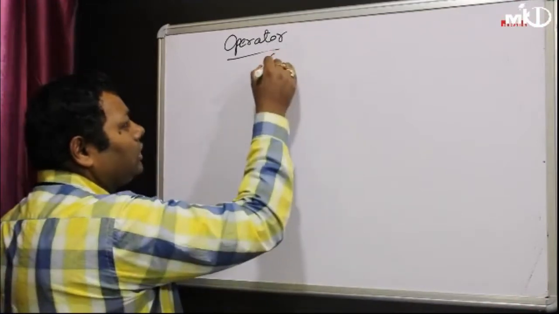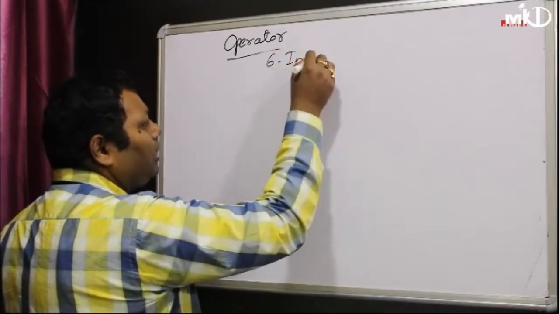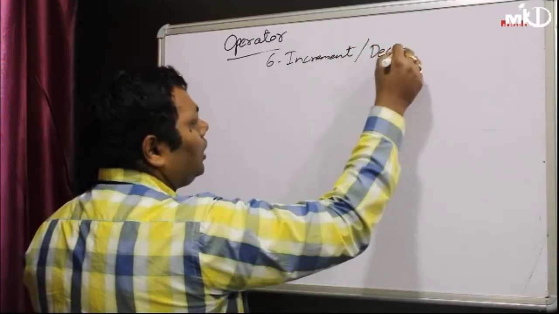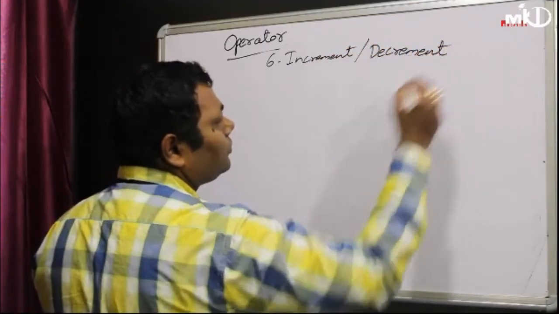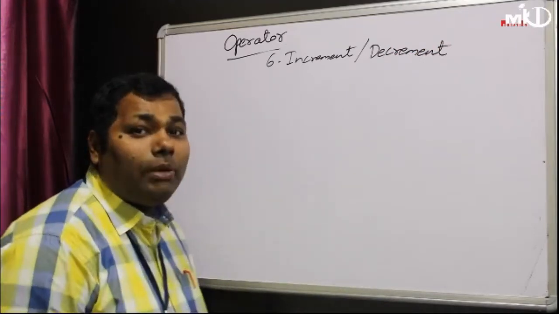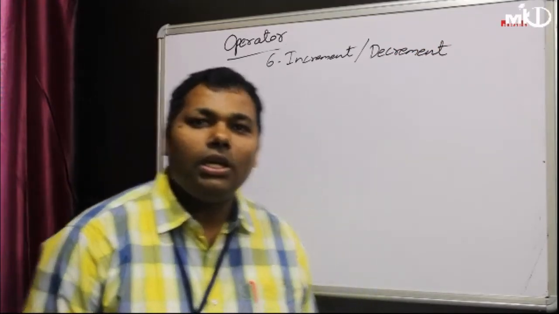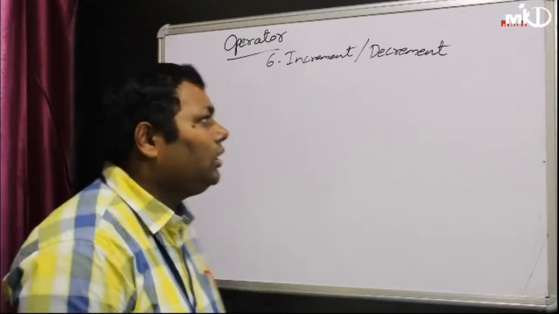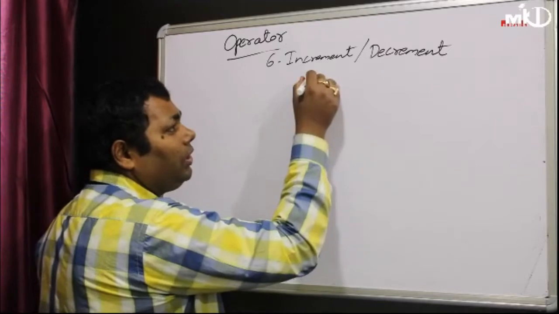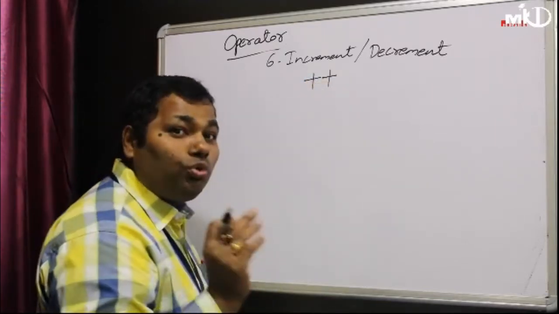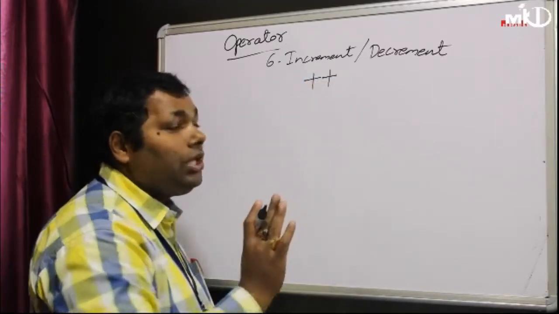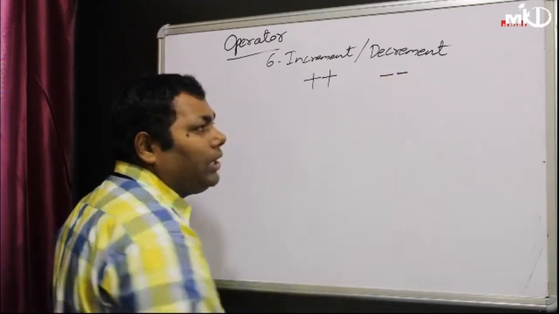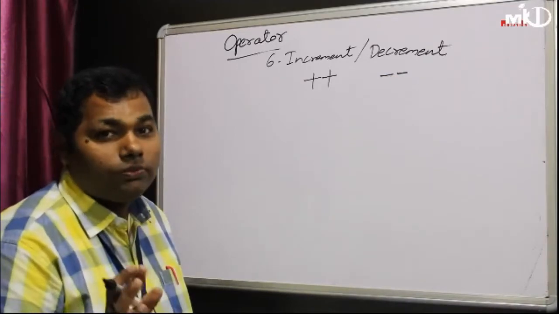Now we discuss the increment and decrement operators. Increment means increase by 1, decrement means decrease by 1. The symbol for the increment operator is two plus symbols without any space, and for decrement we use two minus symbols without any space.